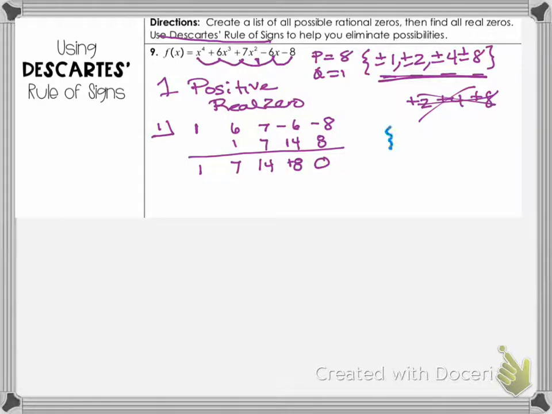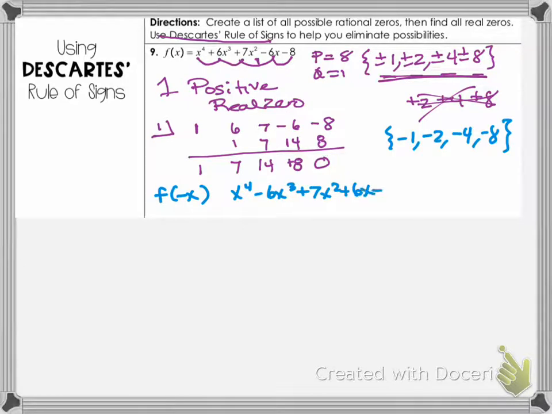So I have eliminated those, and I've used positive 1, so I'm left with choices of negative 1, negative 2, negative 4, and negative 8. So if I go to my f of negative x to see how many negative real zeros there are, that would stay x to the 4th, but it would change to minus 6x cubed plus 7x squared plus 6x minus 8.